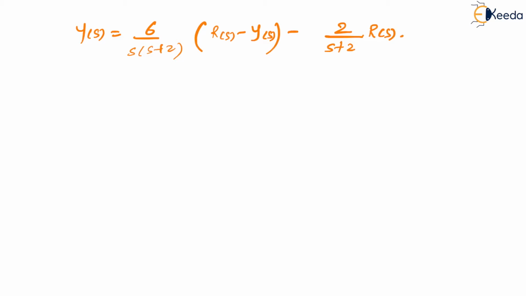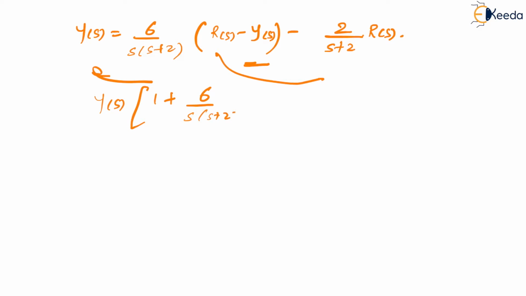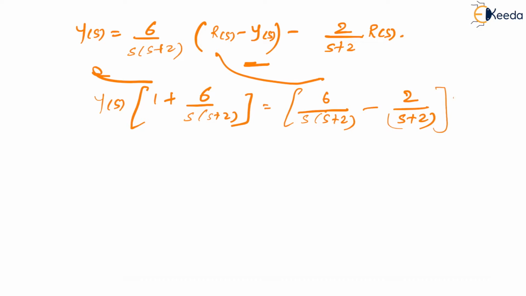Now next, what can I do now? Yes, I can take Y of s on one side and R of s on one side. So if I do that, what do I get? I get Y of s into 1 plus 6 upon s into s plus 2. If you solve this, you will get this very easily: 6 upon s into s plus 2 minus 2 upon s plus 2, correct? Multiplied by R of s.